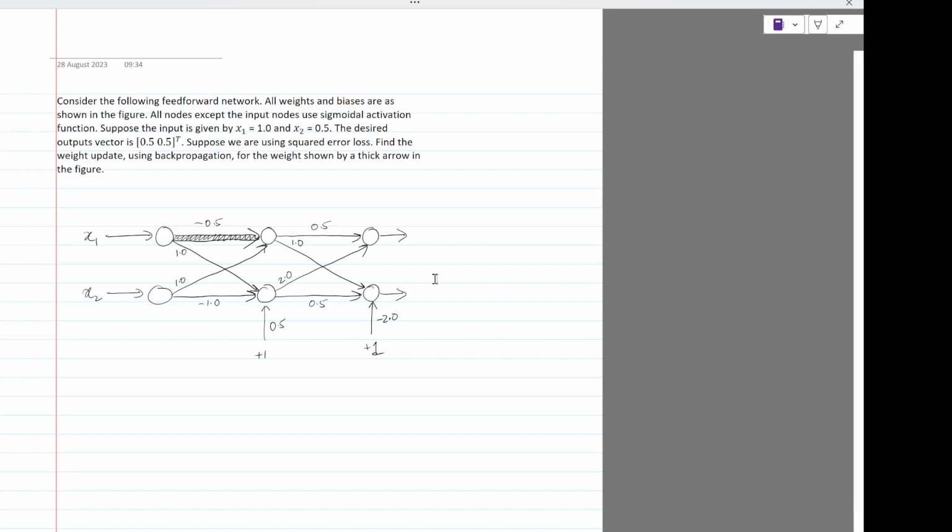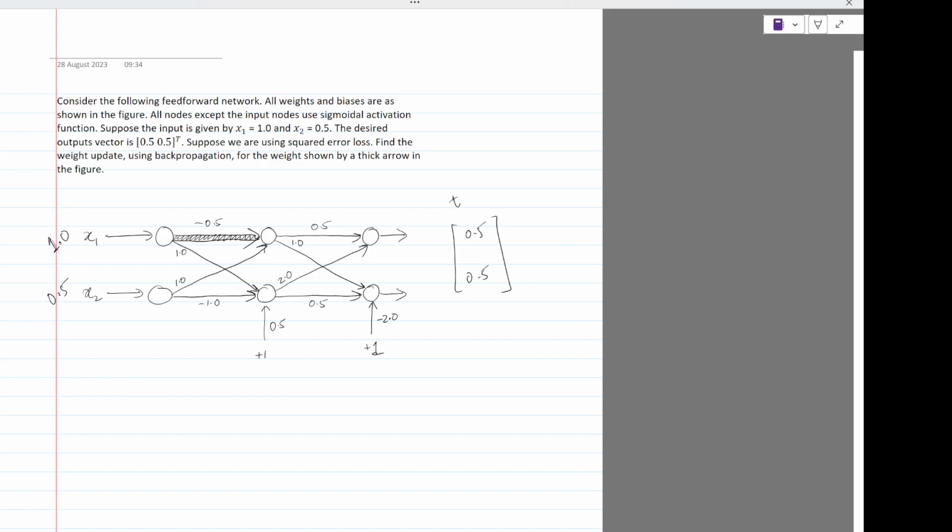Here they are asking, consider the following feed forward network. All weights and biases are as shown in this figure. All nodes except the input nodes use sigmoidal activation function. Suppose the input is 1.0, 0.5, and the desired output, the target, is 0.5, 0.5.